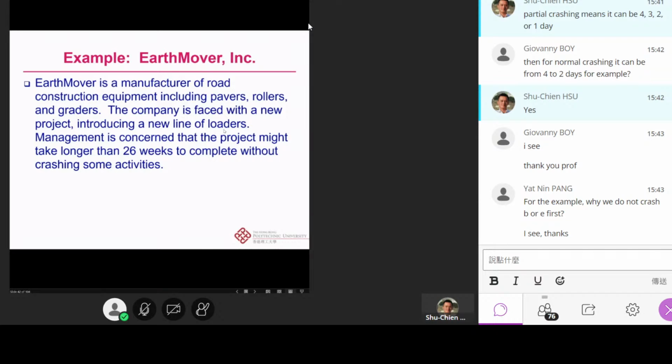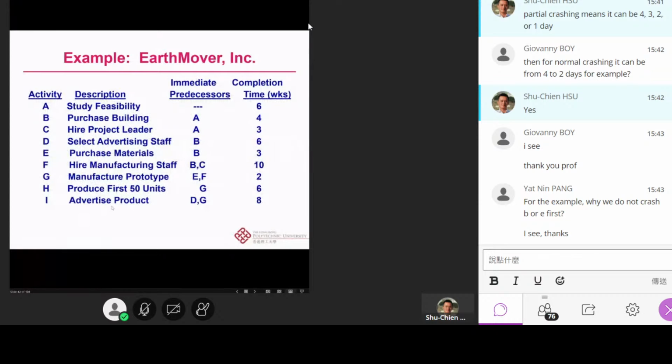The company is faced with a new project introducing a new line of loaders. Management is concerned that the project might take longer than 26 weeks to complete without crashing some activities. We have 9 activities.